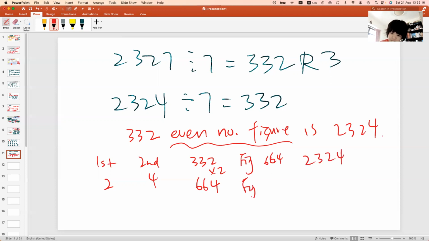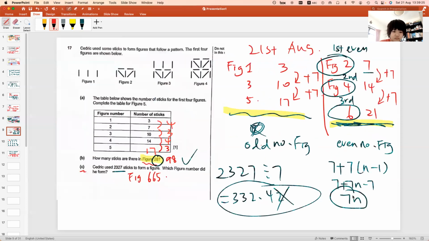So that means figure 665 is you plus 3, right? So it's 2327. Because of the pattern here, the even number has to plus 3. So therefore it's 665, correct? So this is the strategy, or this is the method to solve this question.